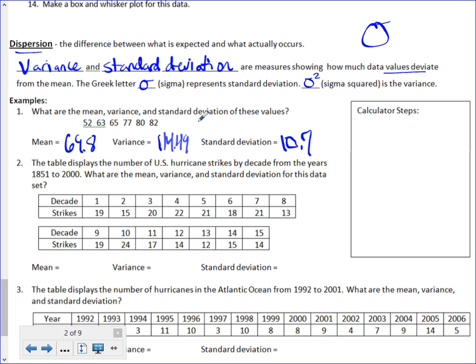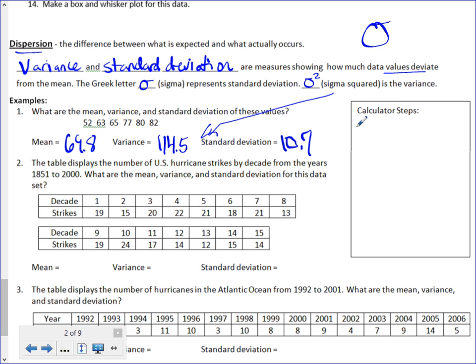Yeah, thank you. 114. Sigma, standard deviation squared, is variance. Right here.